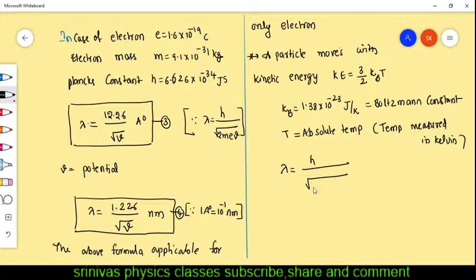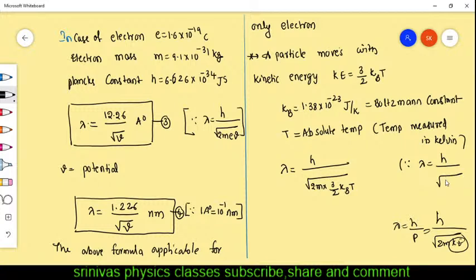From equation 1, lambda is equal to, firstly you got h by p, then p converted into kinetic energy, that is h by under root of 2m KE. Here the KE formula we got is 3 by 2 kBT. Then we write 2m into 3 by 2 kBT. This is from equation 2, I think. Is it equation 2? Lambda equal to h by under root of 2m KE.